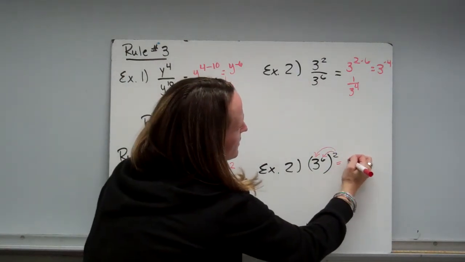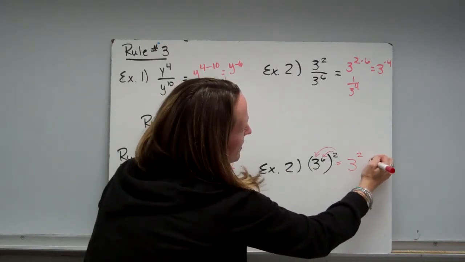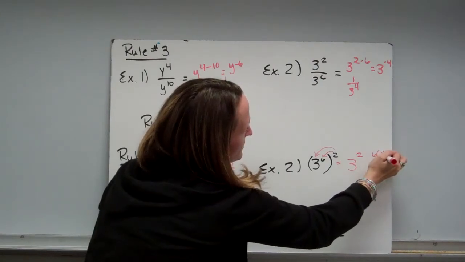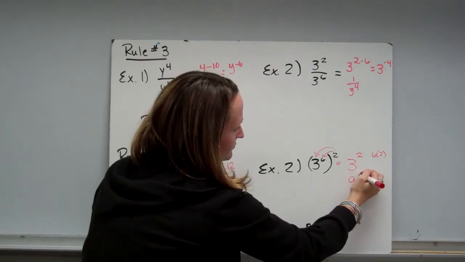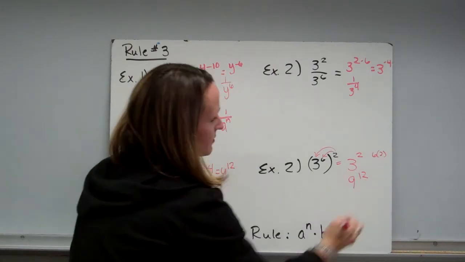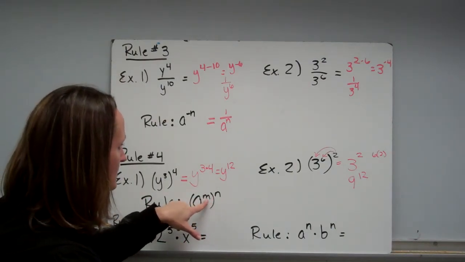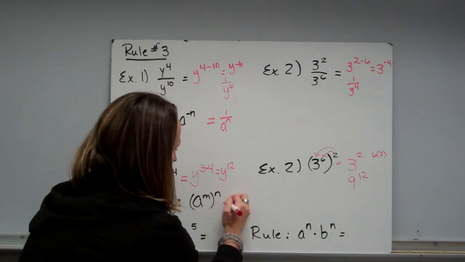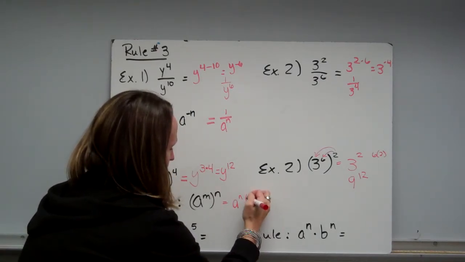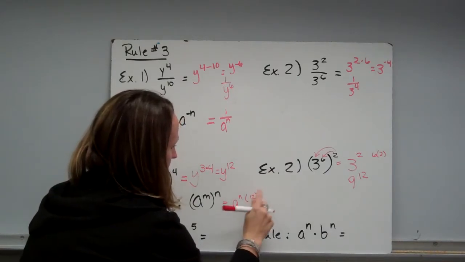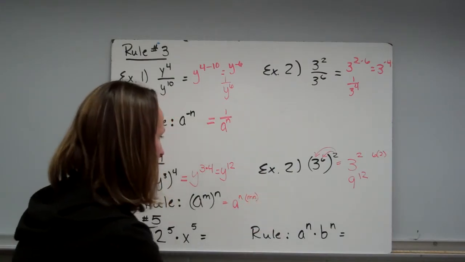So we're going to do 3 squared, and then 6 times 2. So we would get 9 and then to the 12th. So the rule for a to the m, to the n, is a to the mn.